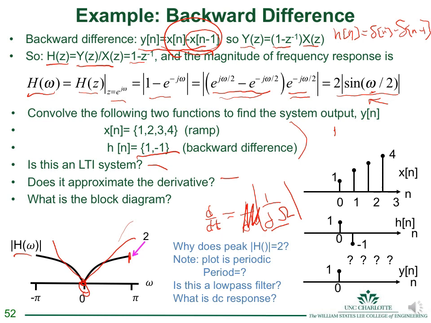And to find the output, it would just be the convolution with some input x of n, which we choose here to be a finite length ramp. And so to do this convolution, I'll just do this using my bracket notation. So the h of n's will serve as my weights, and so I just have 1, 2, 3, 4 for the unshifted convolution first step.